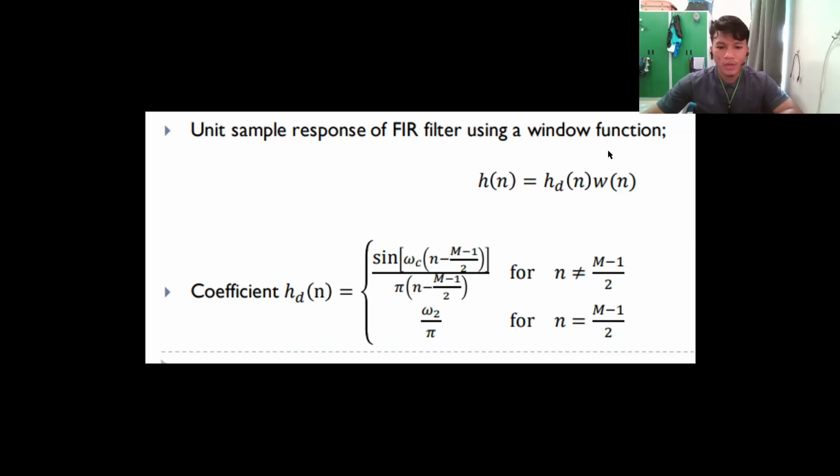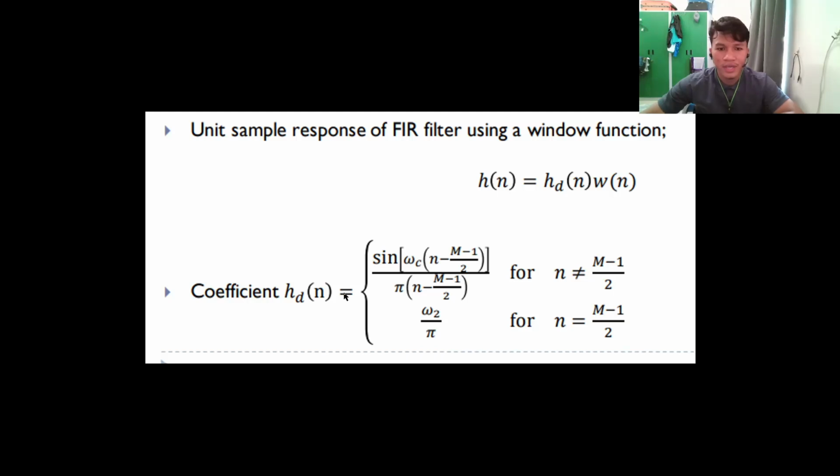Assalamualaikum warahmatullahi wabarakatuh. So my second part is I would like to explain how to calculate the impulse response of an FIR filter using the rectangular window and the Hamming window. Firstly, we use both of these formulas for each window, which means that for finding h(n) equals hd(n) times omega(n).